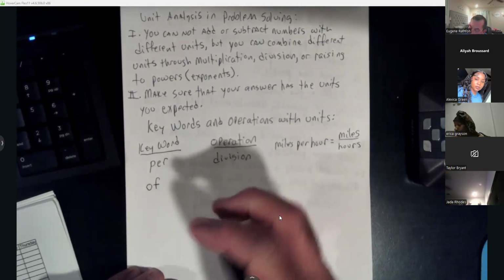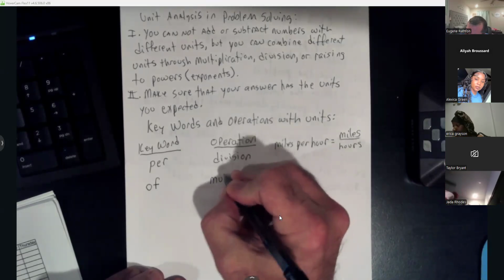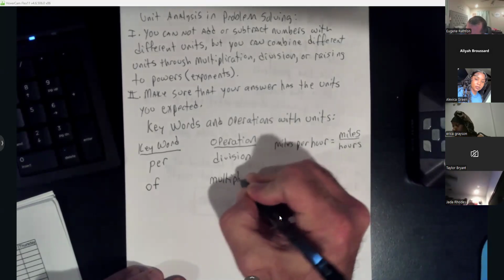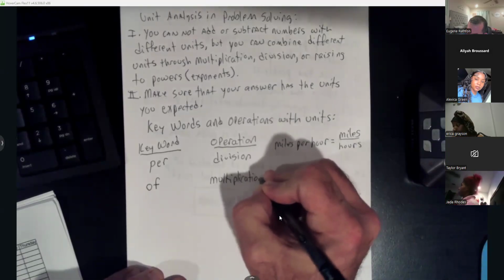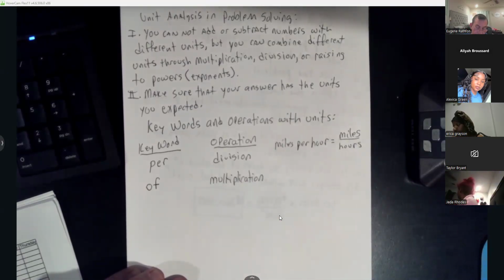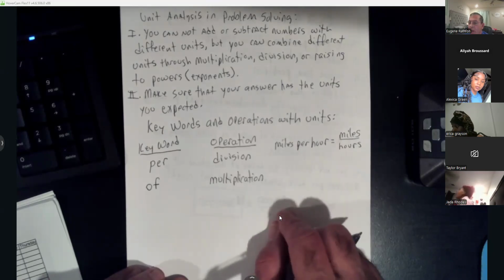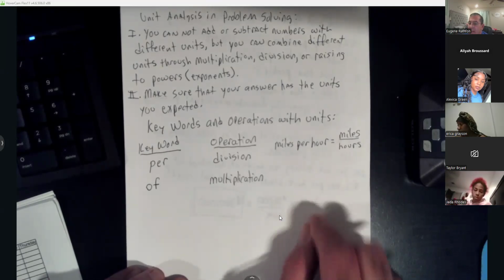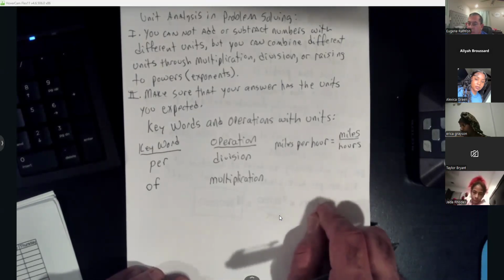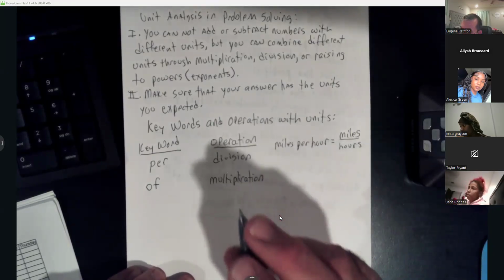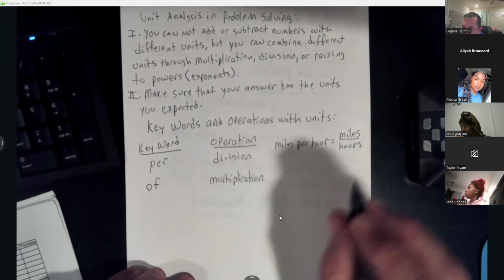Of is a key word that means multiplication. So if I said what is 1/3 of 6, 1/3 of 6 means I would multiply 1/3 times 6.